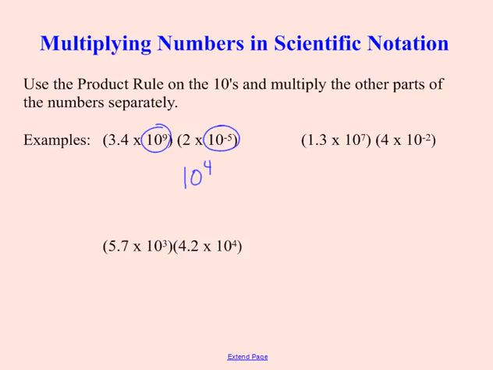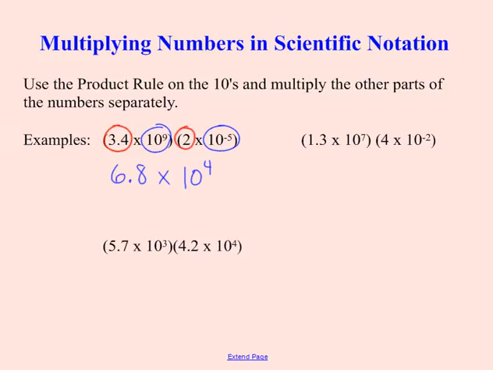And then we multiply the other parts. 3.4 times 2 is 6.8. So we have 6.8 times 10 to the 4th. Now it's always important that you double check that this number is between 1 and 10, because if it's not, you're going to have to make an adjustment to your scientific notation.